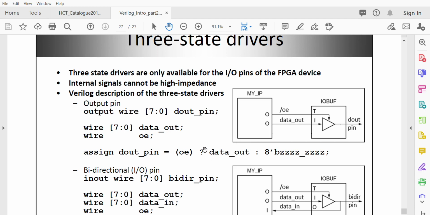If output enable is asserted, then data_out is connected to the out_pin. If output enable is not asserted, you use 8'bZZZZZZZZ. Z means high impedance. High impedance means there is no electricity going there. It's a wire that is disconnected from the driver. So any other wire that is connected to that wire from another side, outside of the output enable, can drive the signal in simulation.